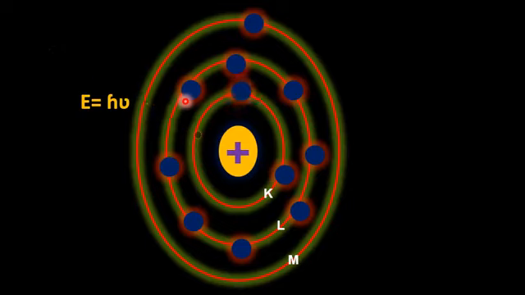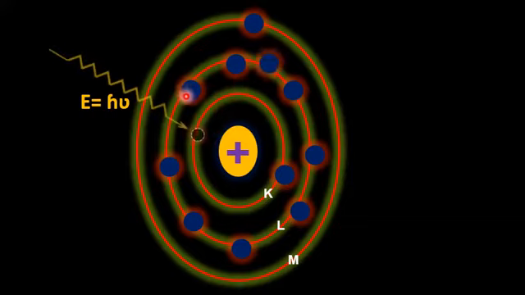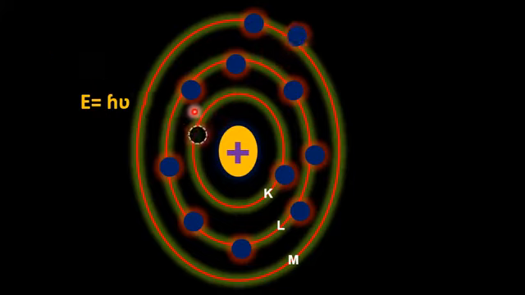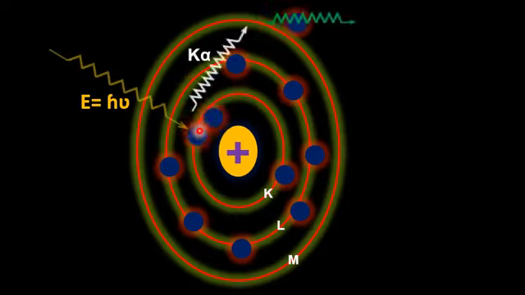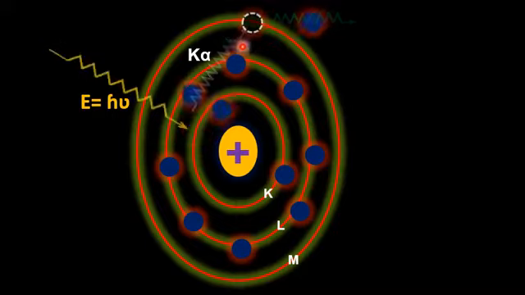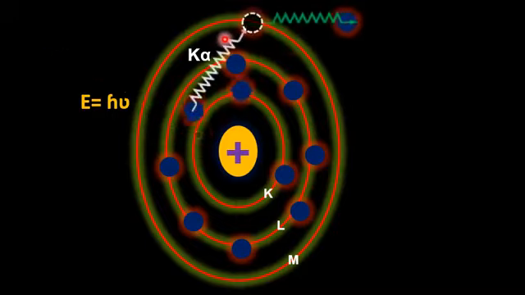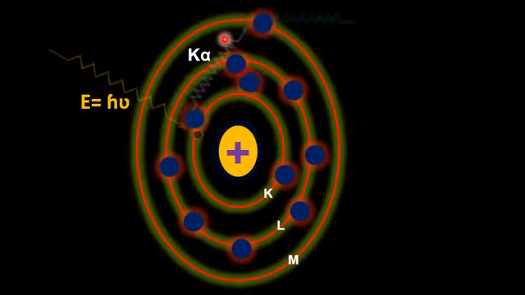And when this electron jumps from the higher L energy level into the K energy level, it will emit the extra energy during the transition from the higher energy level into the lower energy level. The emitted energy will be K alpha X-rays.